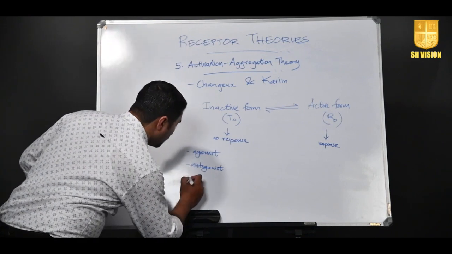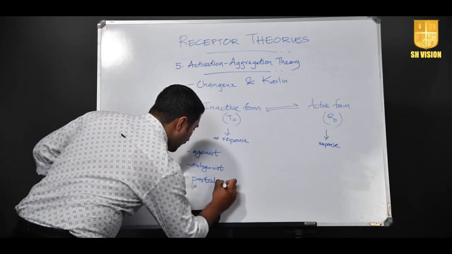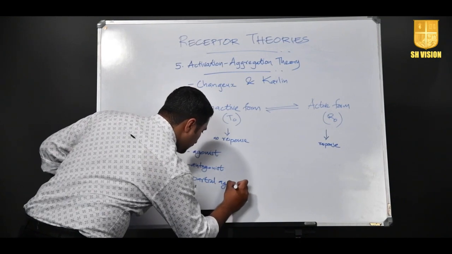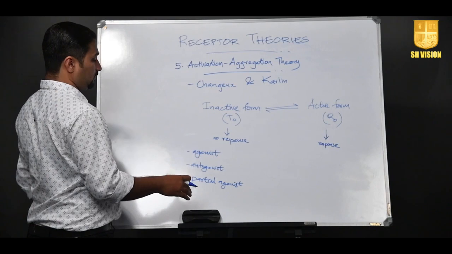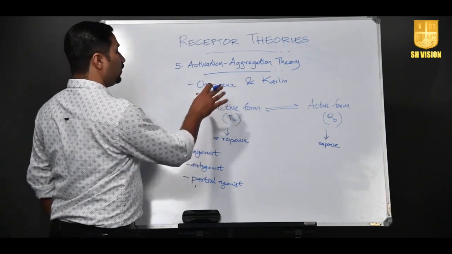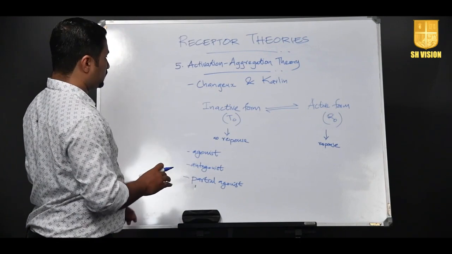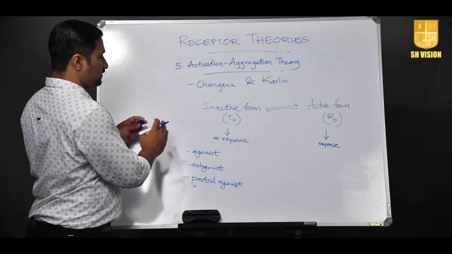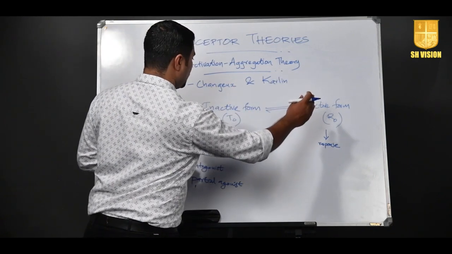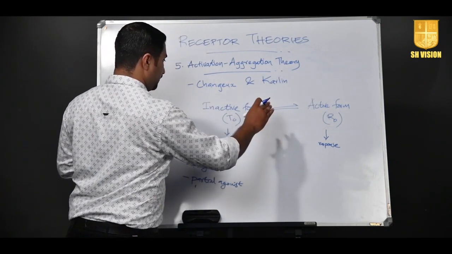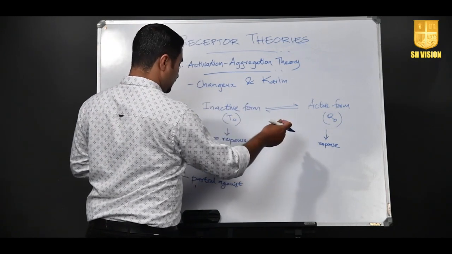So finally, for partial agonists, that is drugs which have partial response, they will bind to both the inactive form as well as the active form. So to summarize, in the absence of the drug, there are two forms and there is a dynamic equilibrium. In the presence of the drug, the equilibrium will shift.